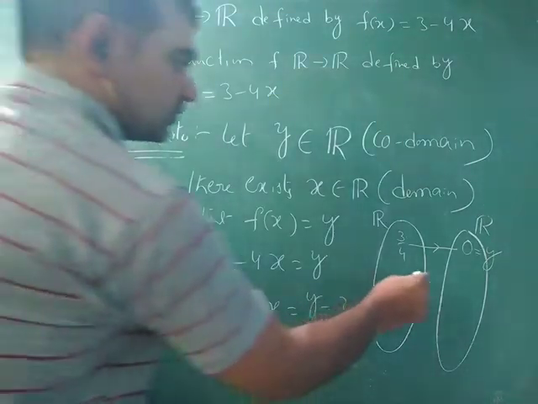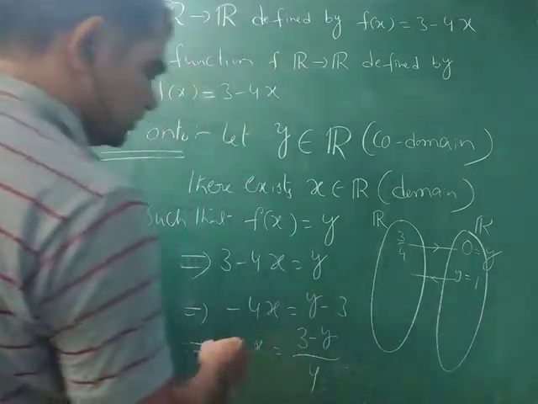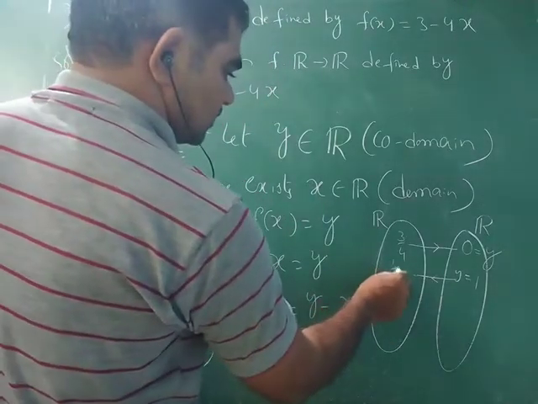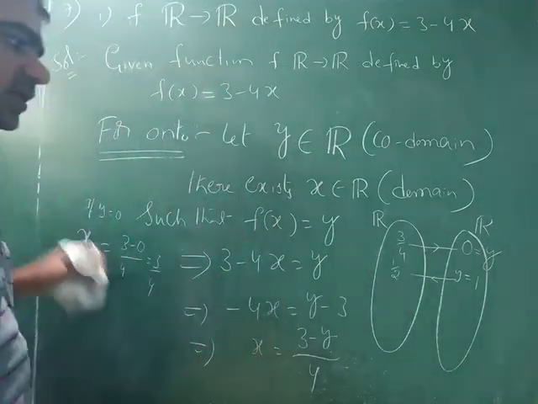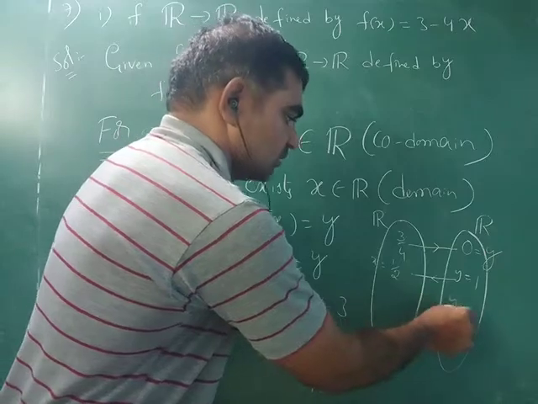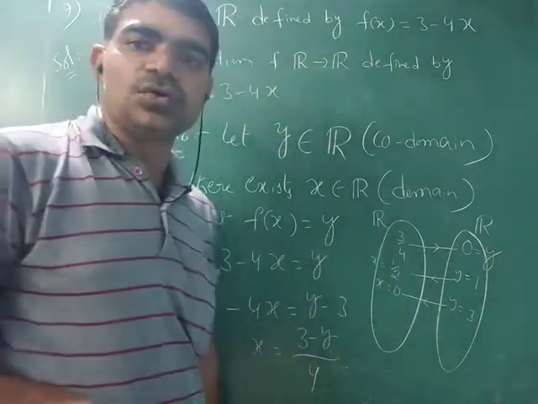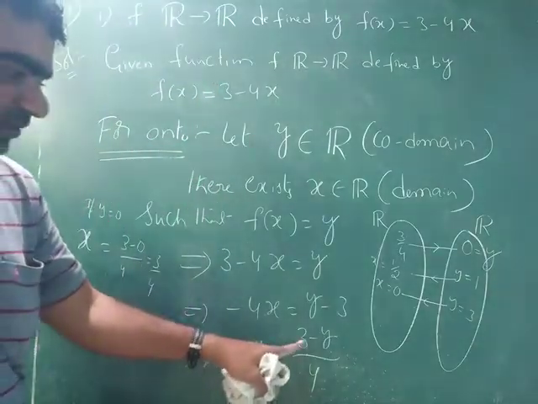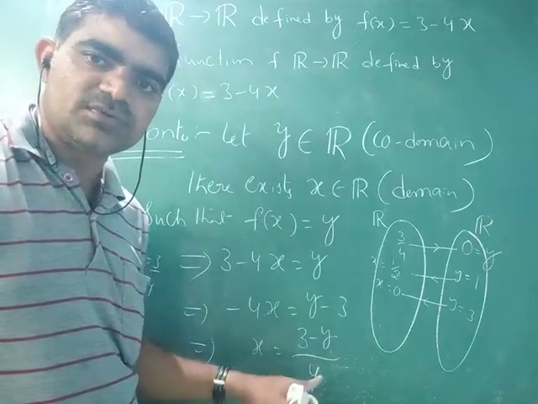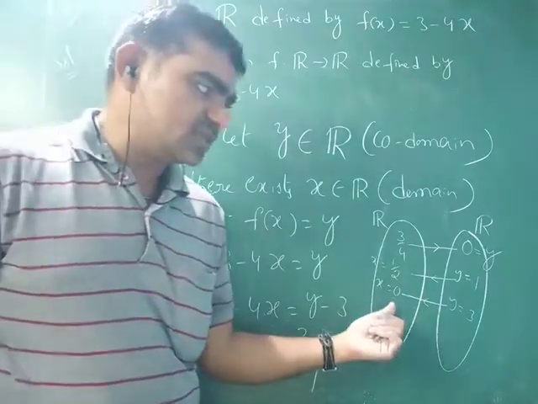Next, if y is 1, what will we get? 3 minus 1 is 2, 2 by 4 is 1 by 2. The x value is 1 by 2. Correct or not? Suppose y is 3, we will get the x value as 3 minus 3, that is 0, and 0 by 4 is 0. So for 3, the pre-image is 0.